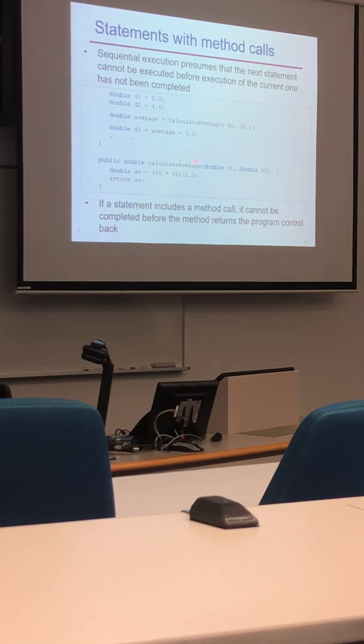I go to compute the average first for d1 and d2. After I return back to the caller, then I can continue to do the other statement, for example, double d3 = average + 3.0. So if a statement includes a method call, it cannot be completed before the method returns the program control back.